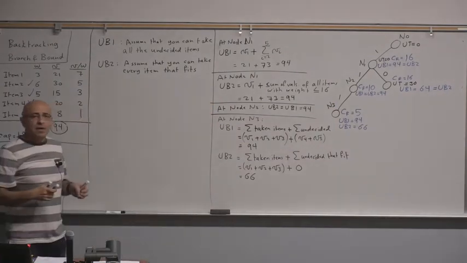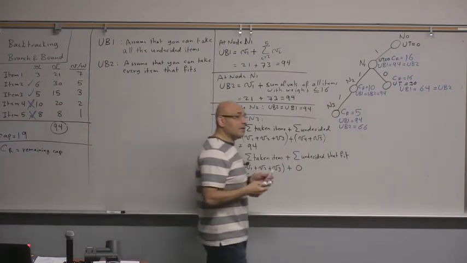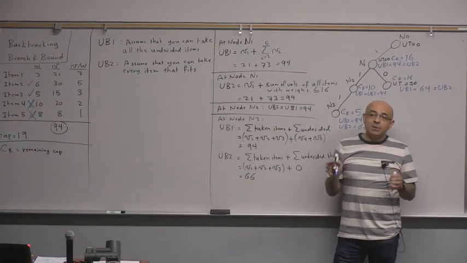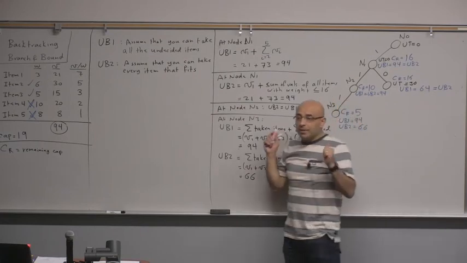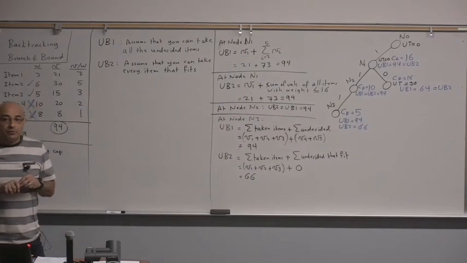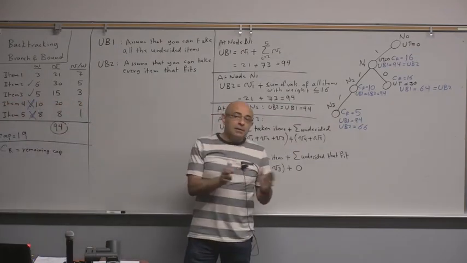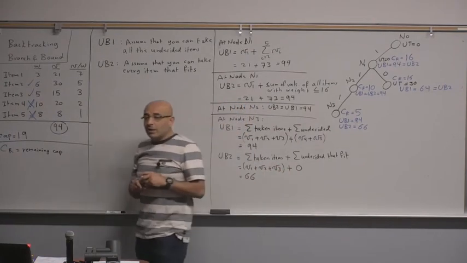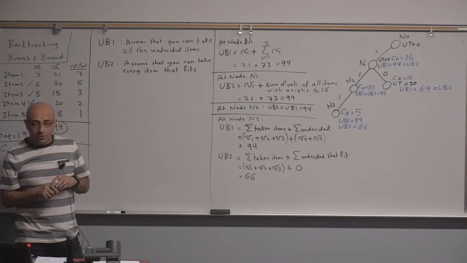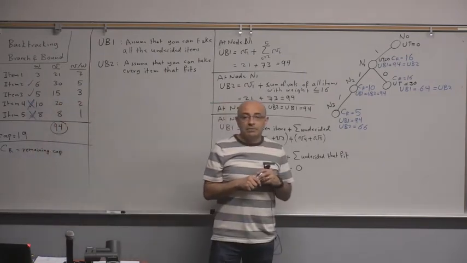So these are very simple upper bounds. In fact, you will implement them in assignment 4. They will give you much better results than brute force. So when you implement these upper bounds, you will get much better results than brute force, but it will not be as good as the third upper bound that we talked about last time and will explain today more thoroughly, which is the fractional knapsack-based upper bound.